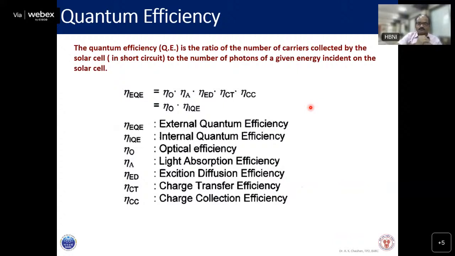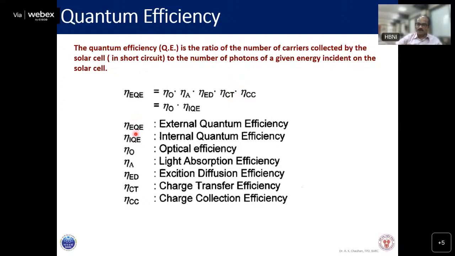So if we see in terms of quantum efficiency, what is quantum efficiency? We define it for a single photon falling at a particular wavelength. Quantum efficiency is the ratio of the number of carriers collected by the solar cell to the number of photons of a given energy incident on the solar cell.